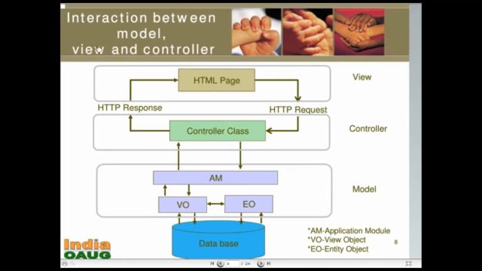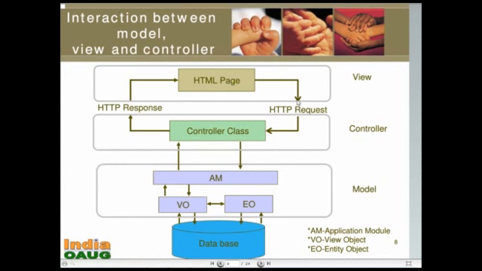Interaction between model, view, controller: how will this interact between these three? First the view is there, then we have the controller, then we have the model. Inside that model you have the database. First the user will open the page and click some button.